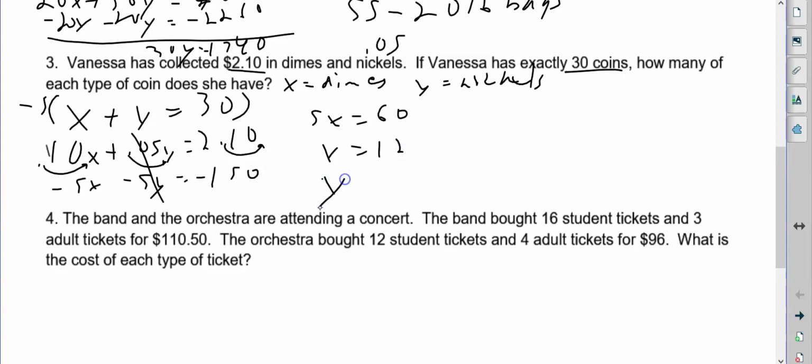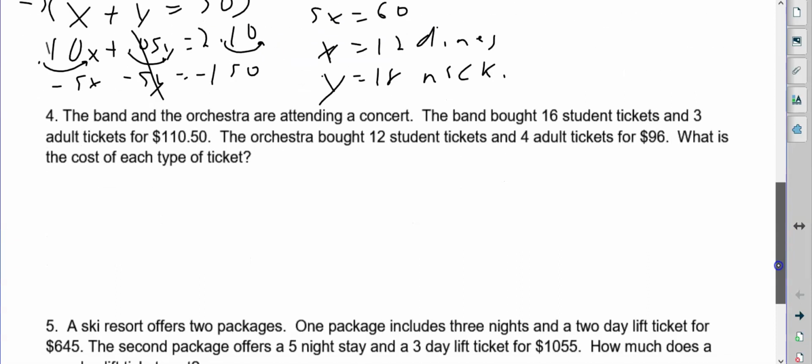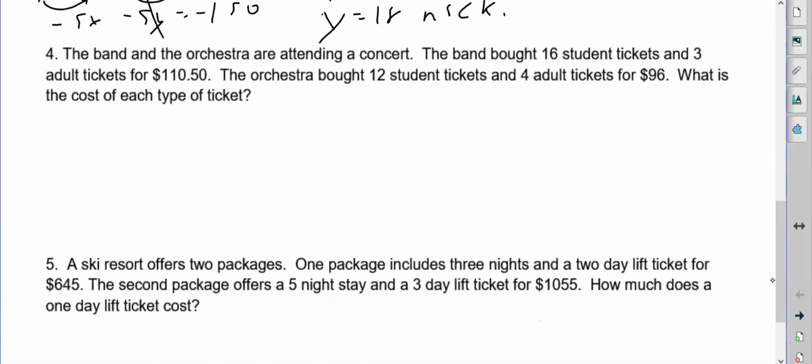I subtract that from 30, and I get y equals 18. So that means 12 dimes and 18 nickels. And the beauty of this is you could type in 12 times 0.1 and 18 times 0.05, add them together, and confirm and double check your answer. You can do that on all of these.